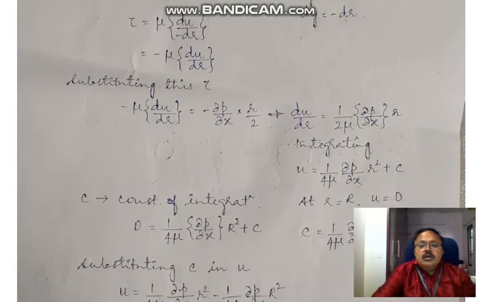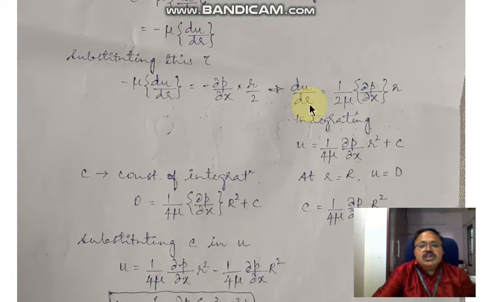Then we get the equation like this, rearranging the terms. Then integrating, taking this dr to the other side, the integration of du is u.